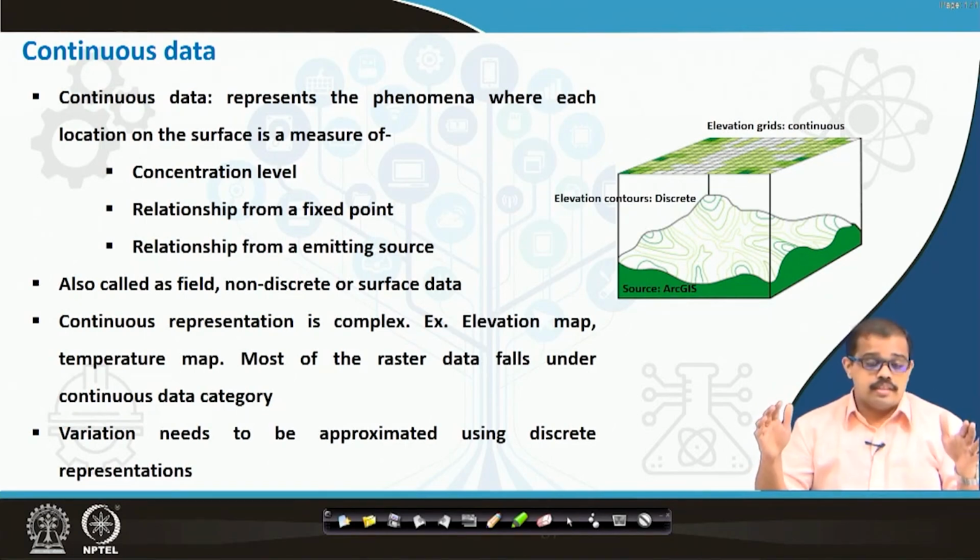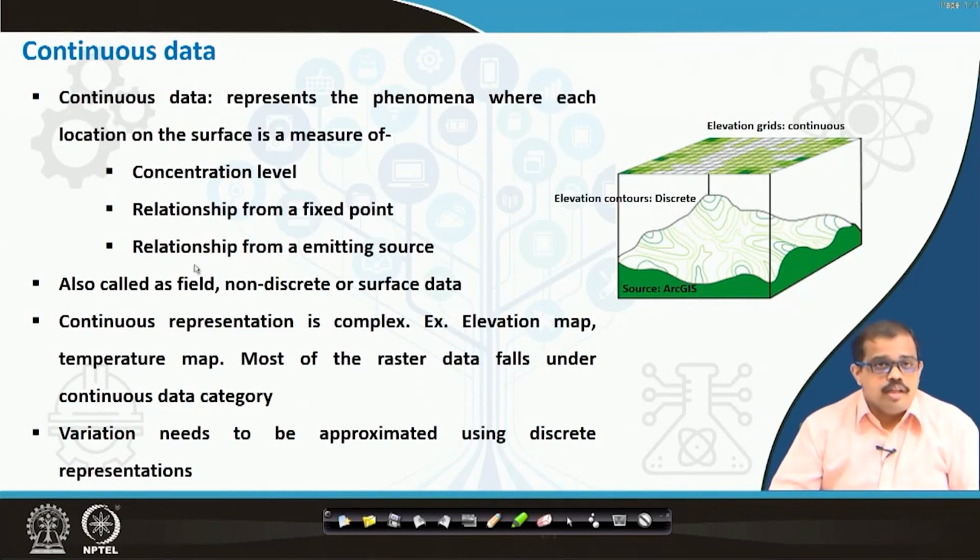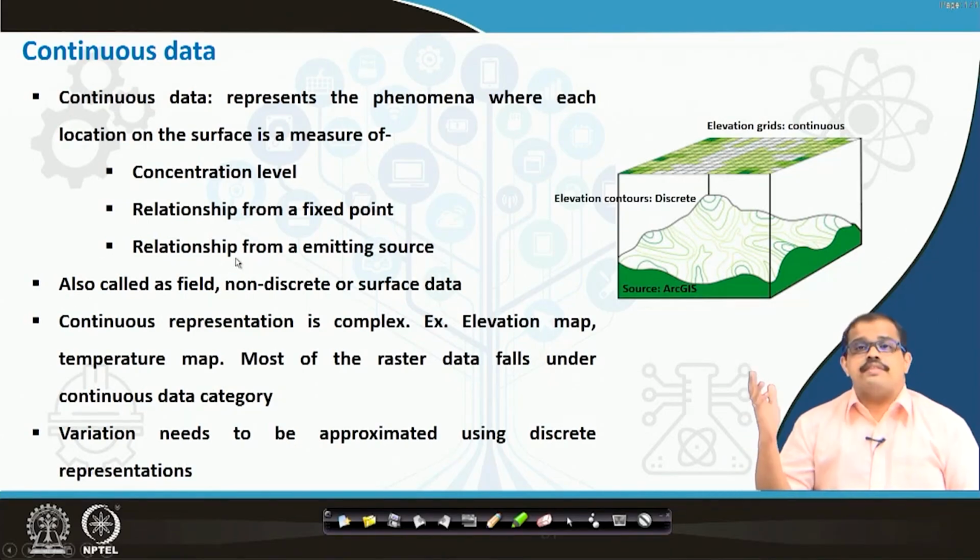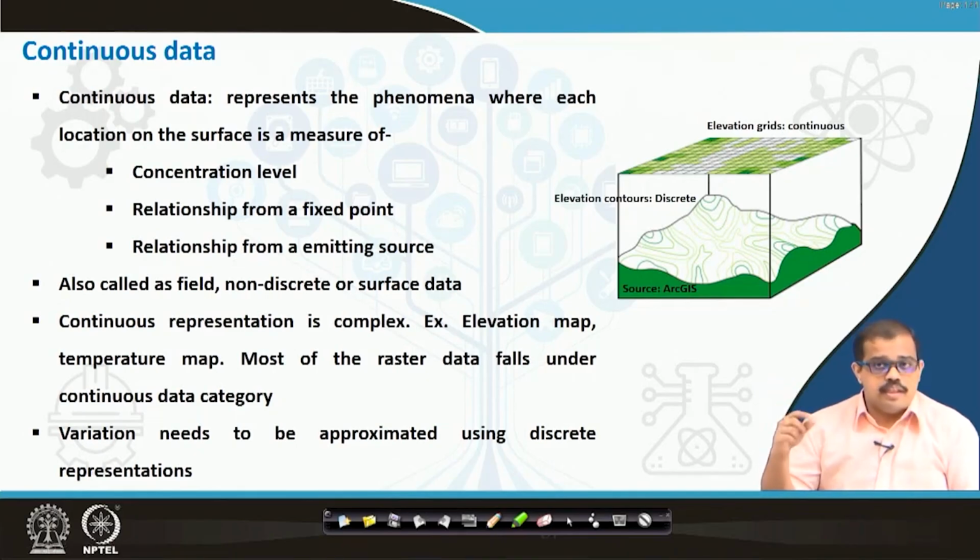If my sensor has 30 meter resolution, it means that details of 30 meter by 30 meter are captured by that sensor. When you look at this continuous data, it is also called field, non-discrete or surface data. There are different types of surface data which I will probably speak about in the next lecture.